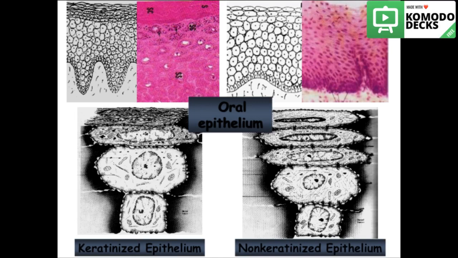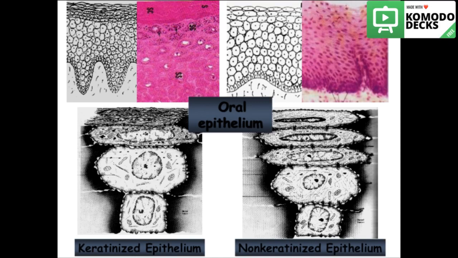The next layer is the stratum spinosum, named after their appearance. And the fourth and down layer is the stratum basale, which is just one layer of cells.